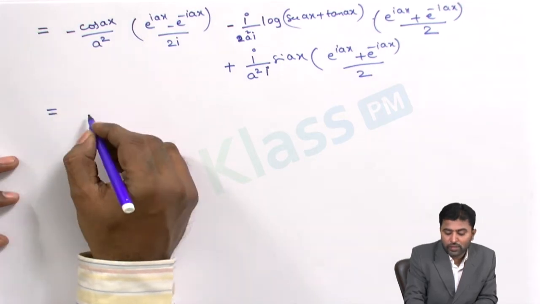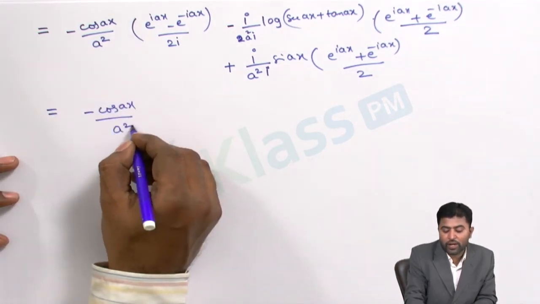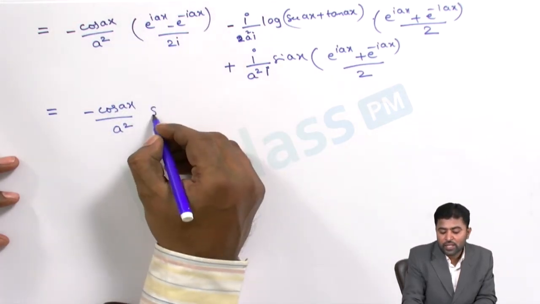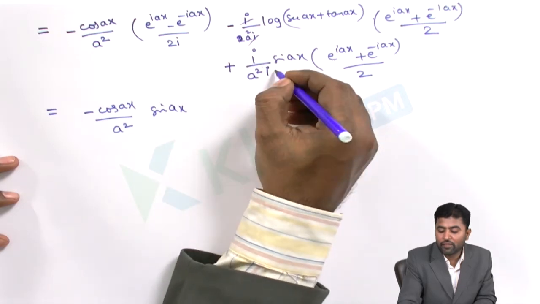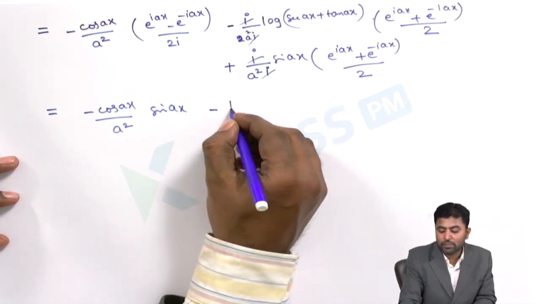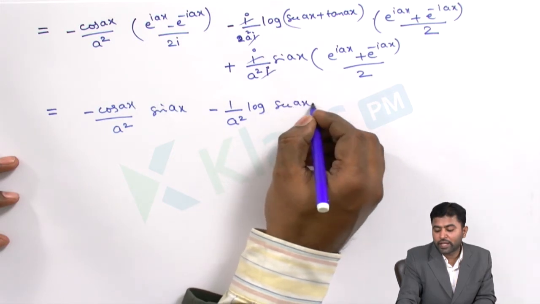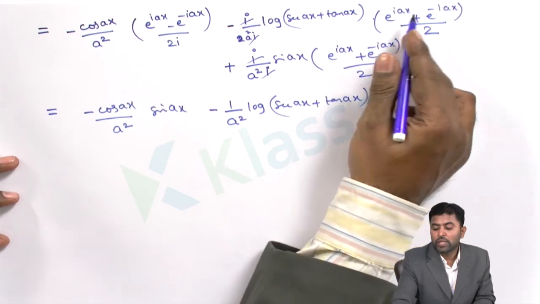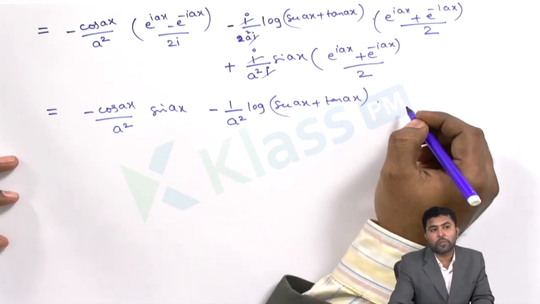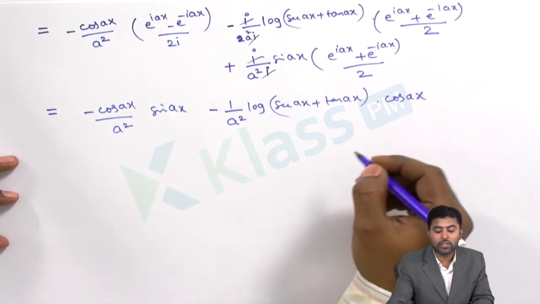So this will become minus cos ax by a square, and this we know is sin ax. And here the i will get cancelled. We'll get minus 1 by a square log secant ax plus tan ax into e power i theta plus e power minus i theta by 2, which is nothing but cos, so we get cos ax.